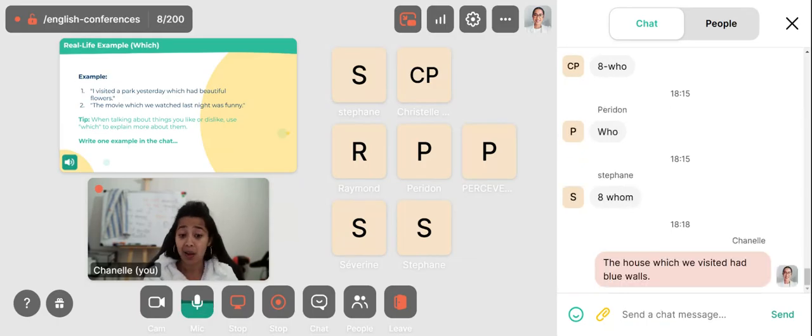So that's my example. Because we are talking about this house, I want to give you more information. So I say the house which we visited had blue walls. Do you have any examples that you would like to share?